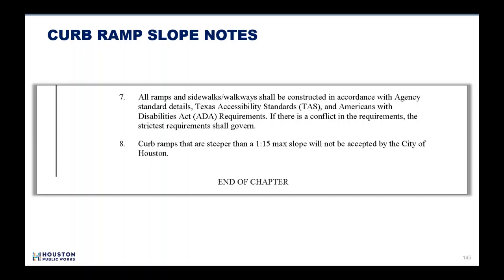Also, it is to clarify that the strictest requirements shall govern when comparing the TAS, ADA, and City of Houston standards. Item number 8 has been added to the IDM to emphasize and clarify the maximum curb ramp slope that is acceptable to the City of Houston. A slope steeper than a 1 to 15 max slope will not be accepted by the City of Houston.